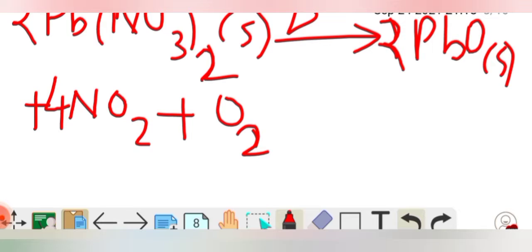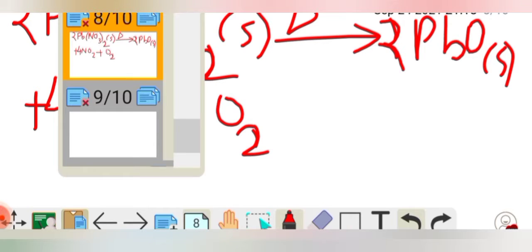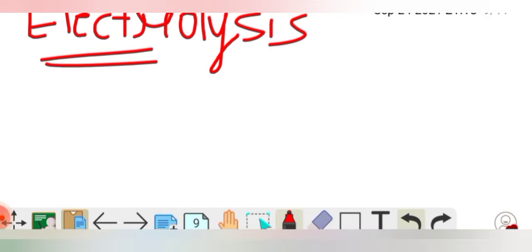Again we will move forward to another decomposition reaction, which is electrolysis. So we'll move on to the next page. In electrolysis, reactions involve the use of electrical energy.